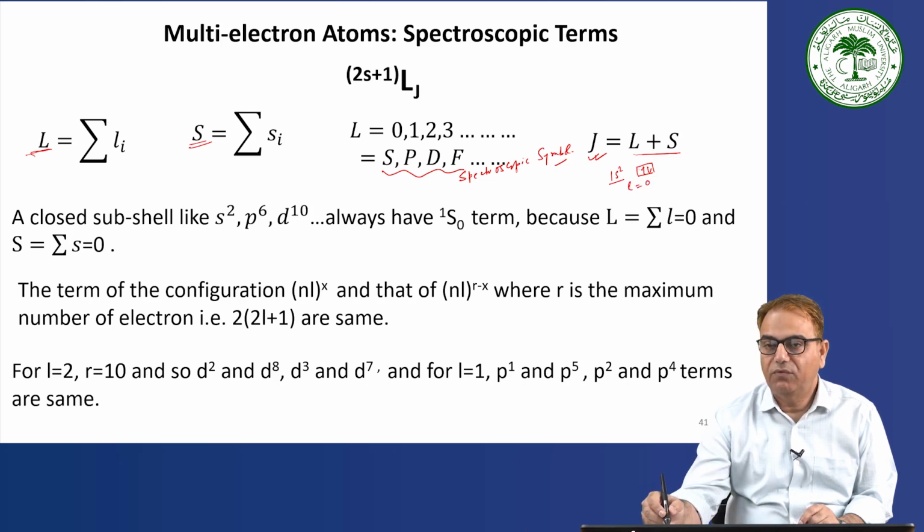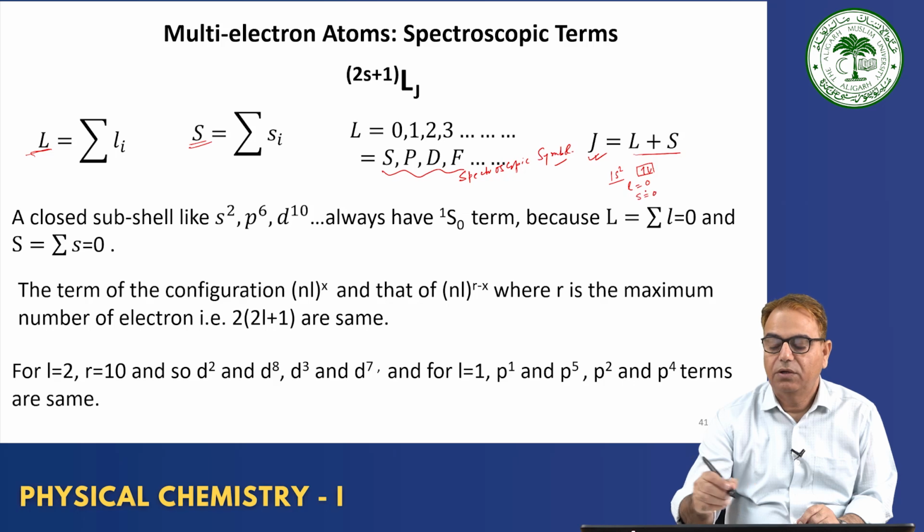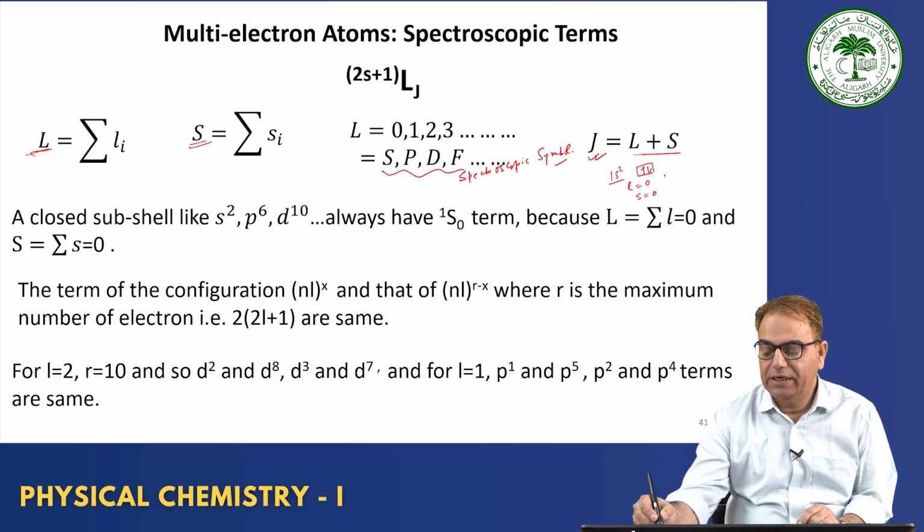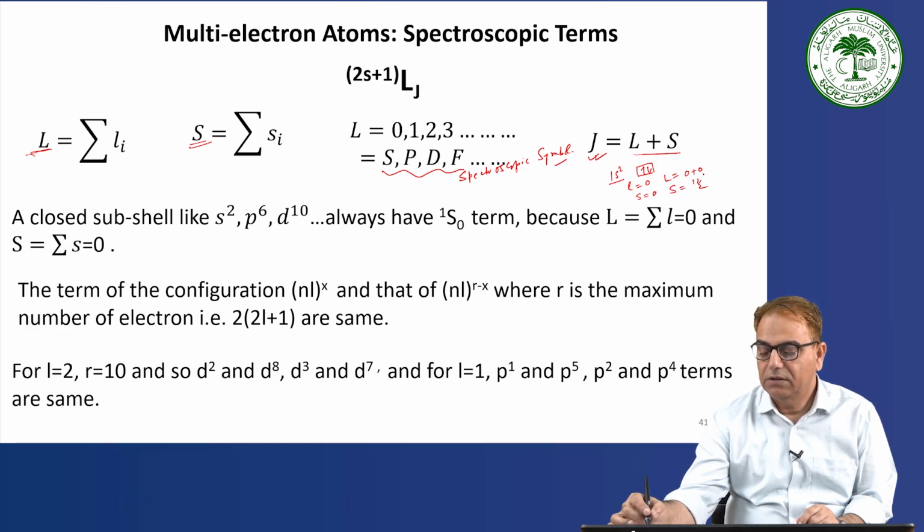And what is the spin? The spin is paired, so the total spin is also 0. Capital L is 0 plus 0, because both electrons have 0 azimuthal quantum number, and capital S is plus half and minus half, so this is also 0.